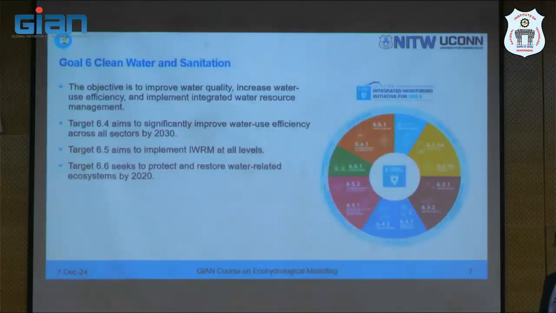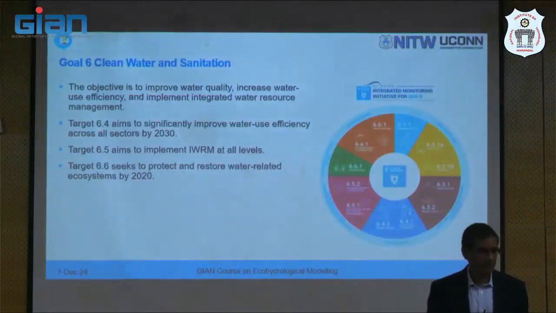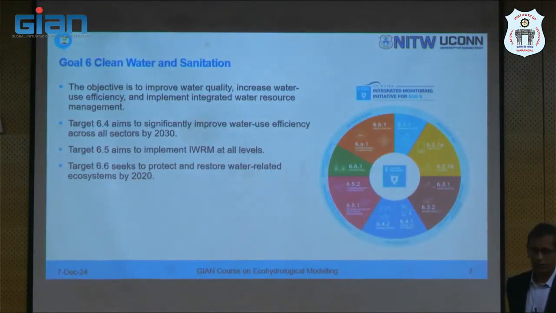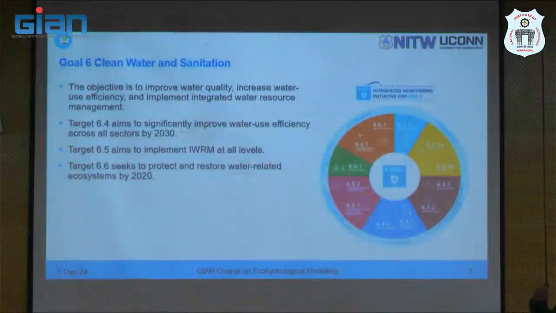Clean water and sanitation, goal number 6. When you look at child mortality between 0 to 5, water is number 1 cause. And when you look at the stunted growth and why children in many parts of the world do not attain a normal adulthood, the reason may be water.